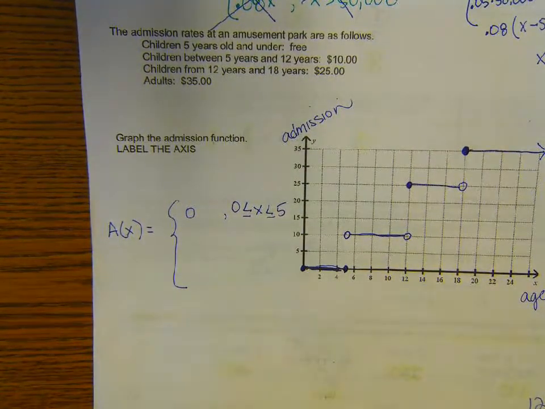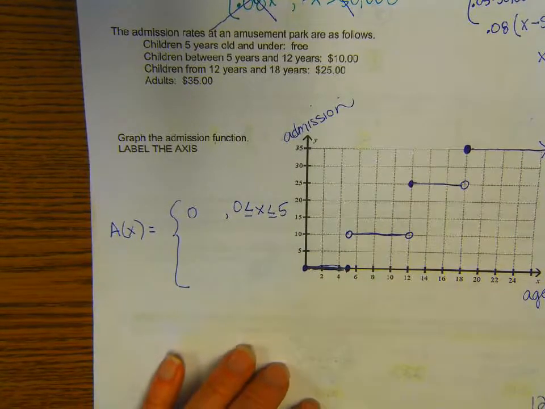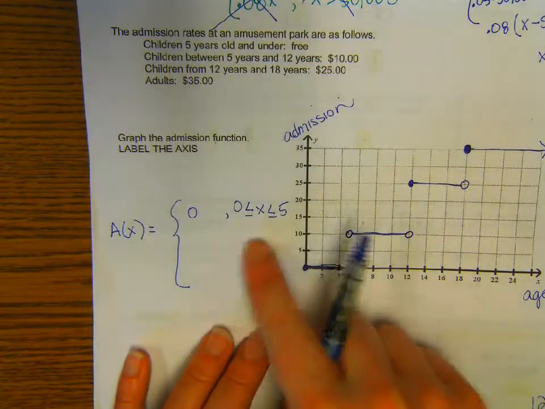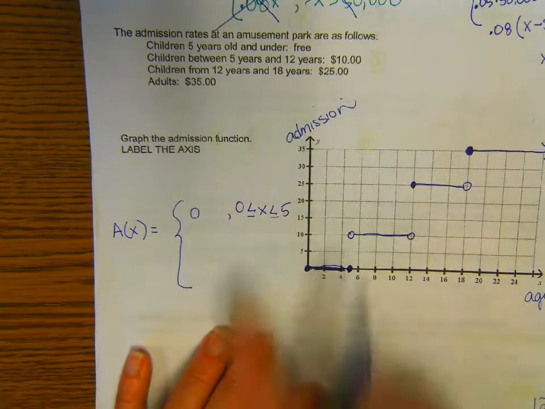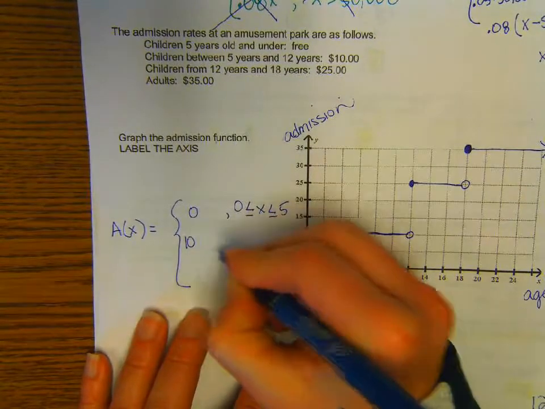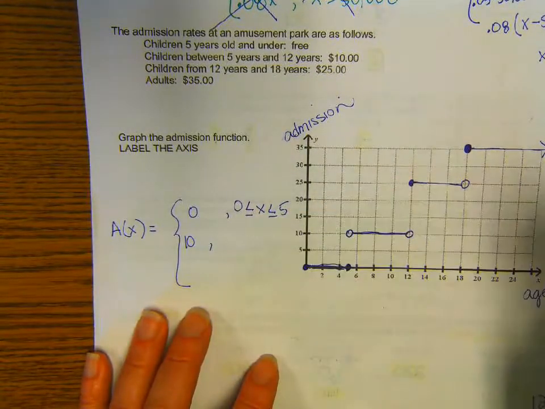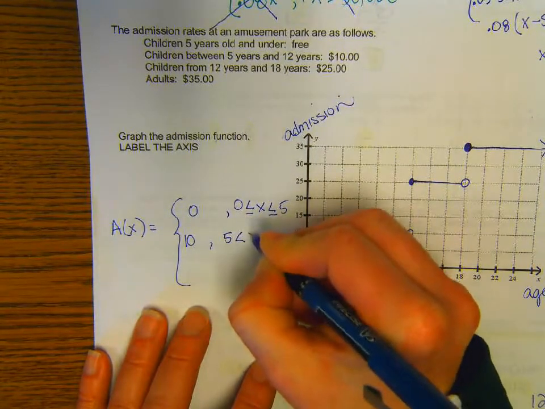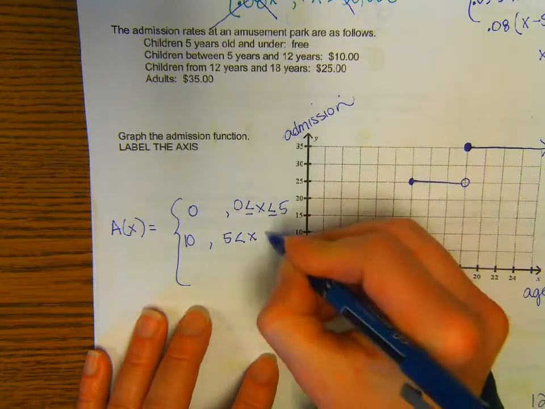What was the next piece? Well, it was from 5 to 12. That's what we're going to put here. But how much was the admission? 10. When your age is bigger than 5 and less than 12.